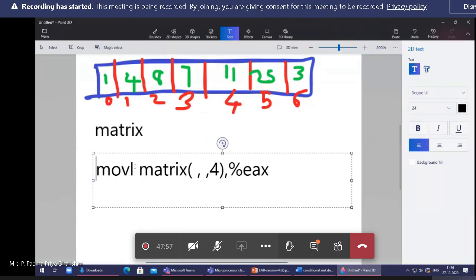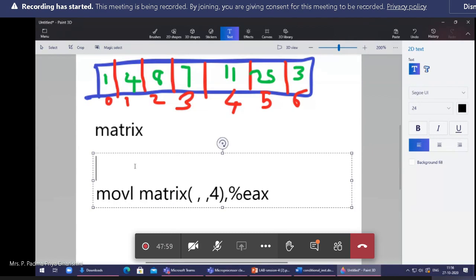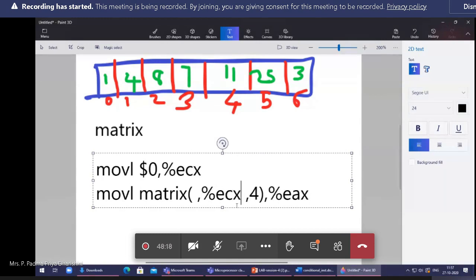So before this, I want to get the loop index. I am moving $0 to %ecx. The meaning of this is ECX contains the value 0. Why are we moving 0 to ECX? Because I want ECX to be my loop index.